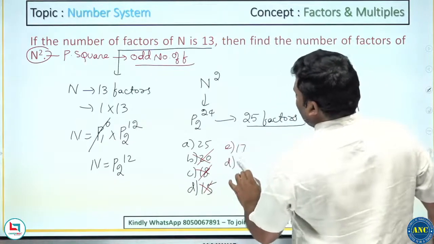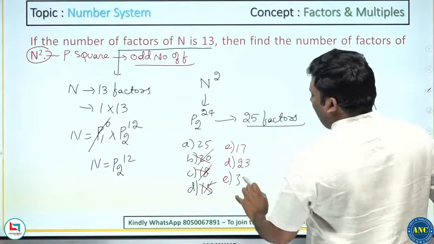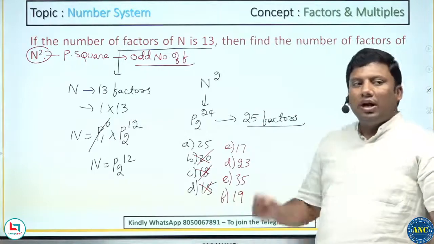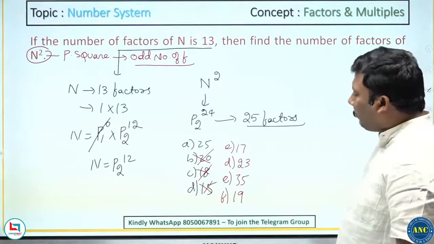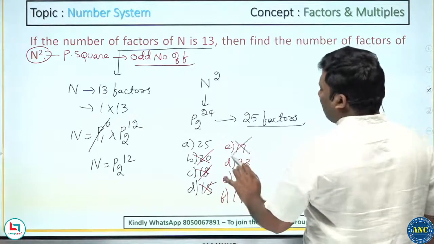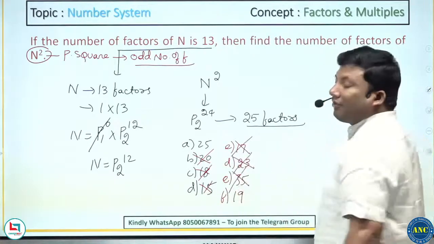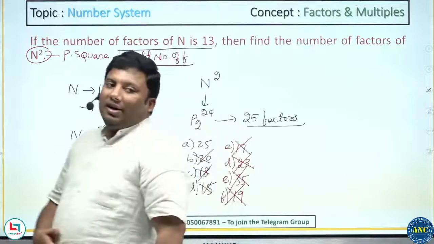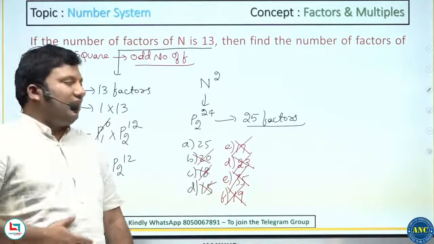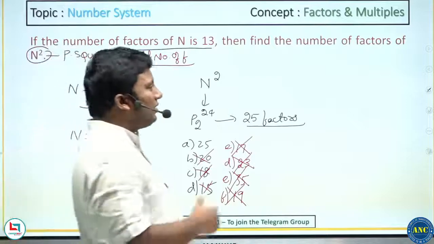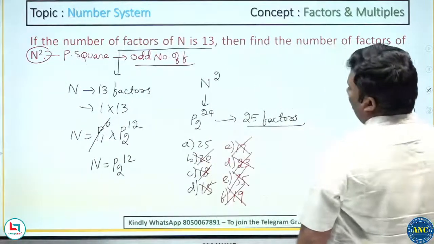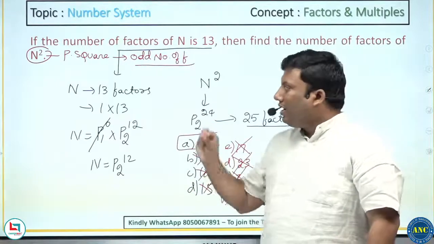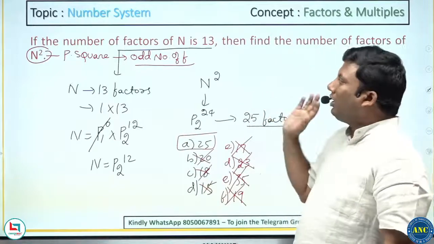If the options are 17, 23, 35 or 19, anything that is odd, every perfect square will have an odd number of factors. A perfect square never ends with 7 or 3. Every perfect square ending with 5 has 2 in the tens place. Any perfect square ending with 9 has an even tens place. A perfect square is always of the form 4k or 4k plus 1. All these are eliminated, so the answer for this question is 25. Idea clear? Every perfect square will have an odd number of factors.